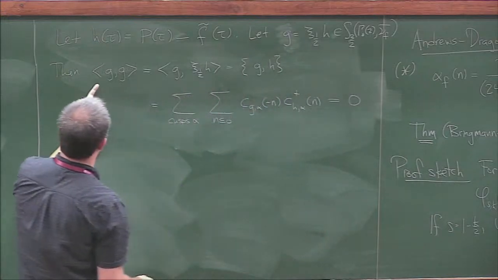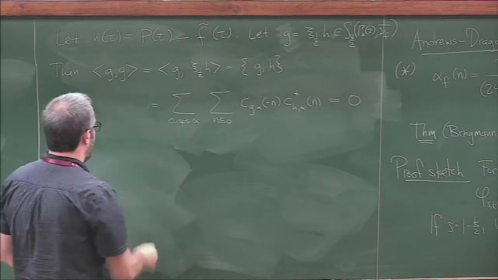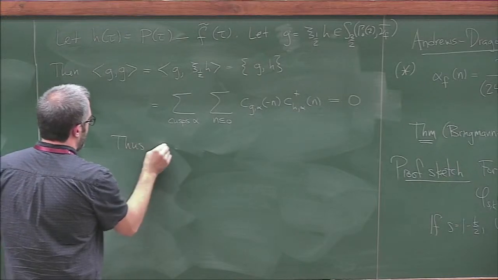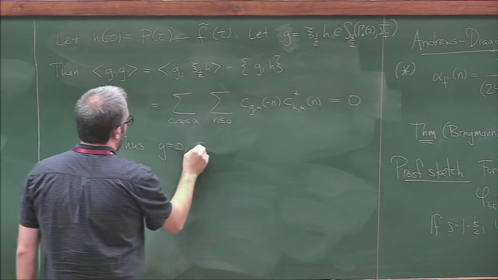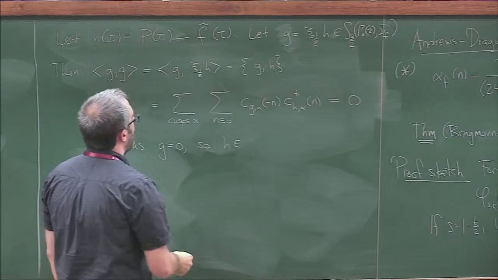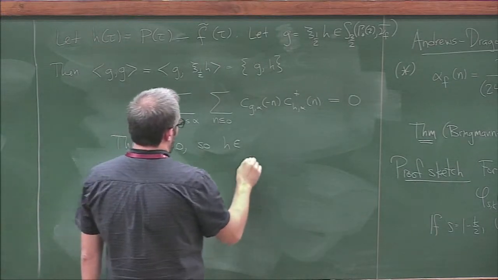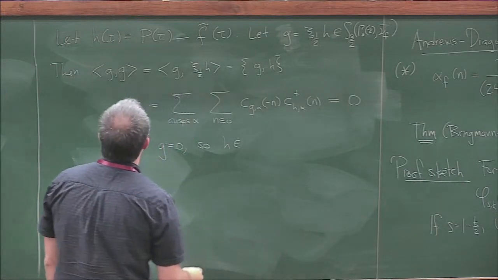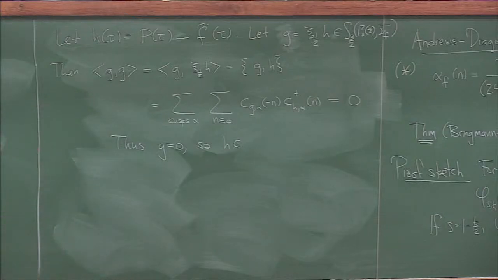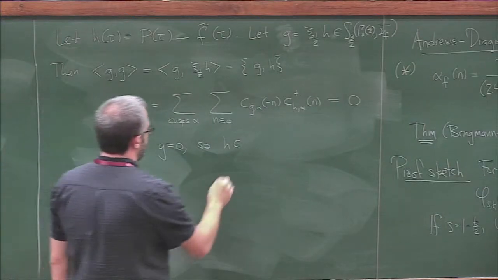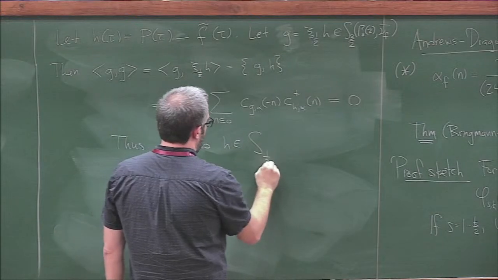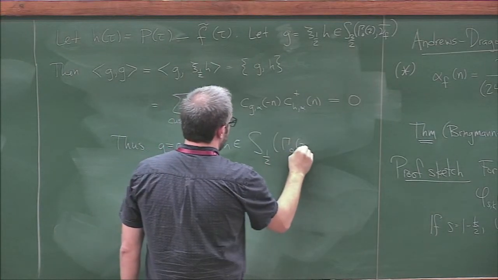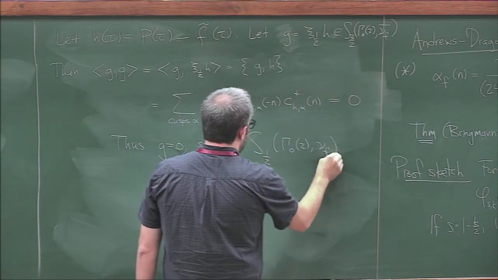Okay, look, so the inner product of g with itself is 0, thus g is equal to 0. So h is not really a harmonic Maass form, it's really a modular form. Is it weakly holomorphic? Well, no, it doesn't have a principal part. So it's actually a cusp form of weight 1/2 with this multiplier system.